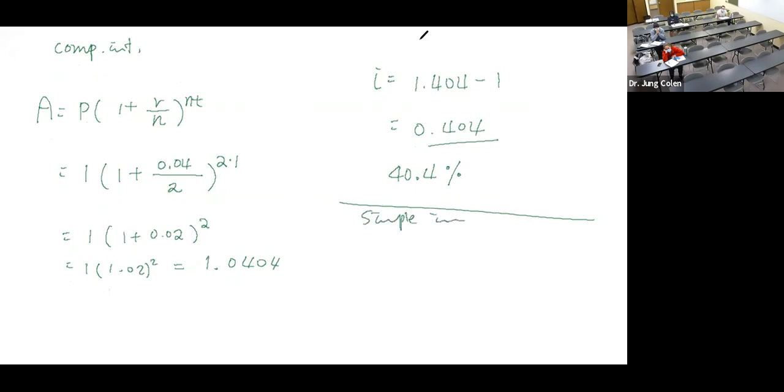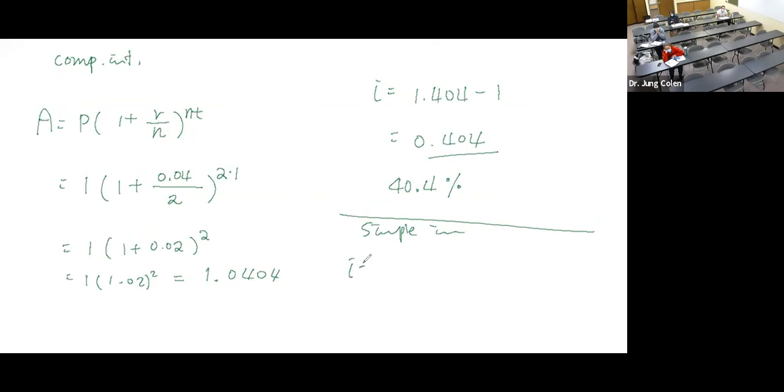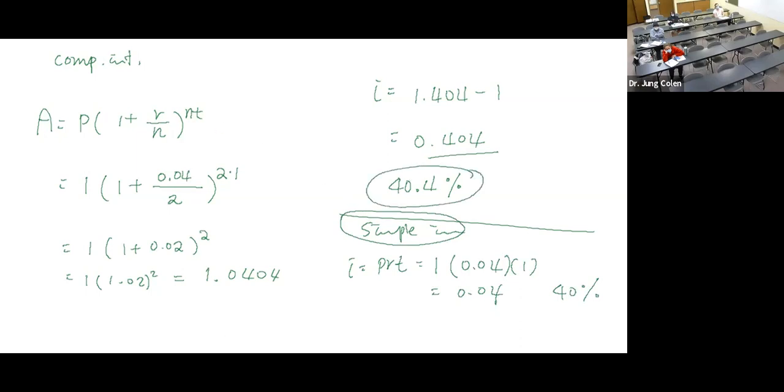Simple interest: I is equal to PRT. What is PRT? Principal is $1, we set up 4%, 0.04, and time just 1 year. So what's that? 0.04, right? So if you are using simple interest, you're just going to have 4%, but if you're using compound interest, you're going to have 4.04%.